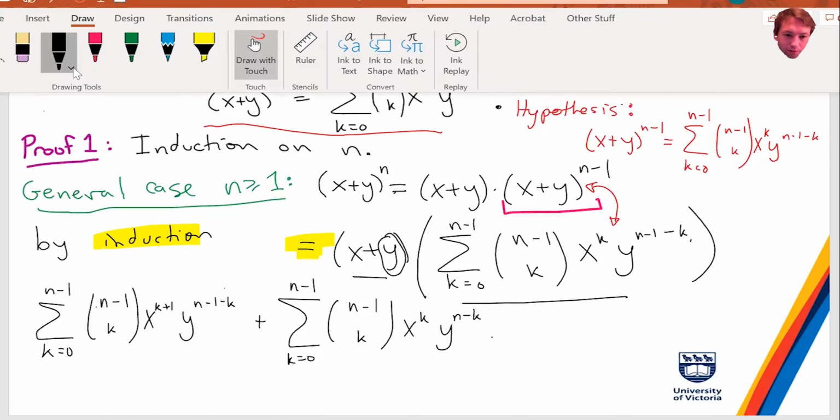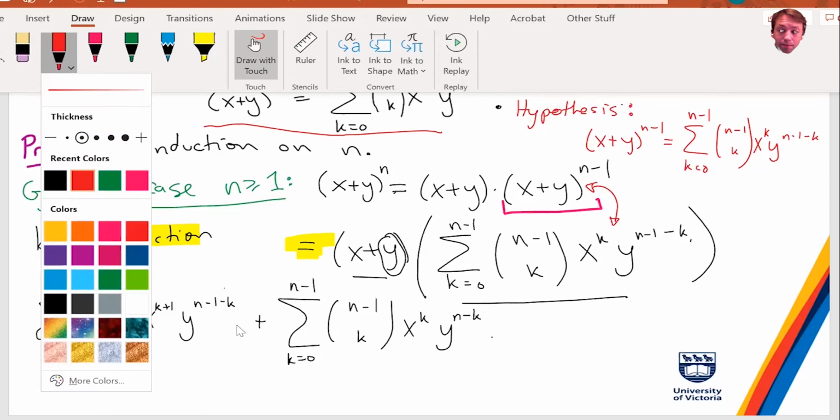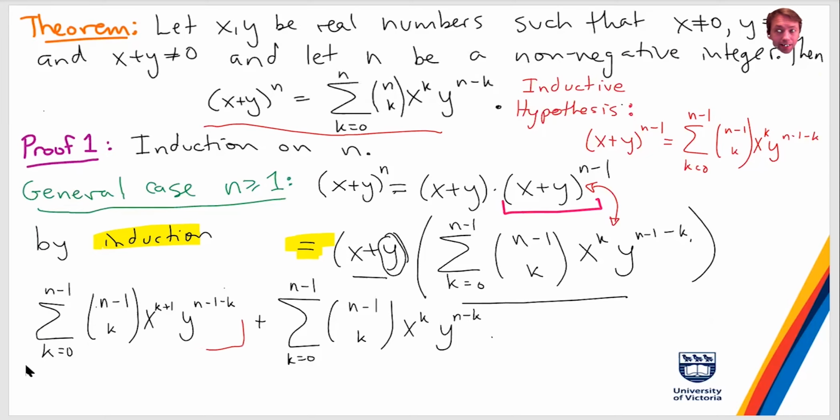Well, what I would like to do is apply Pascal's formula, or Pascal's identity. If I look at this sum, I can rewrite it as going from 1 up to n. If I take this sum only, I can write it as the sum from k equals 1 up to n.